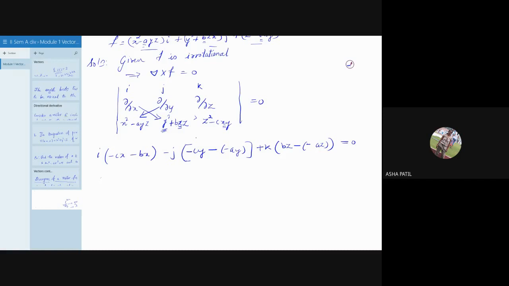So what we have, I'll take minus outside, minus i, x is common, c plus b into x we have, then again minus j, what we have, minus cy plus ay, plus k into bz plus az equal to 0. How to find the constants now?